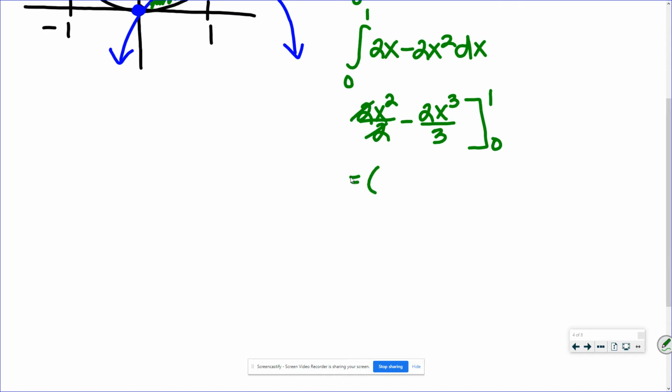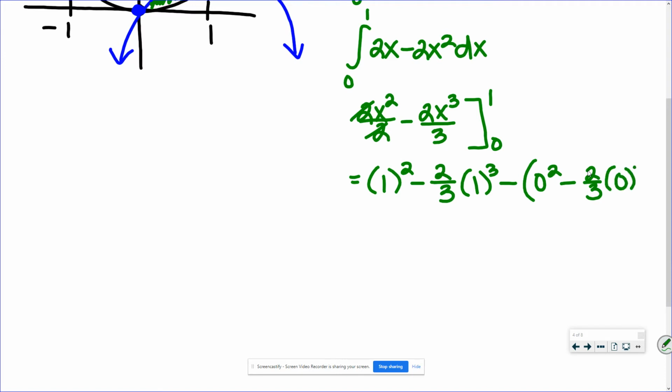So I'm going to plug in 1, and then I'm going to plug in 0. And we're going to solve. So we would have 1 minus 2/3. This is 0. This is 0. So 1 minus 2/3 is equal to 1/3.